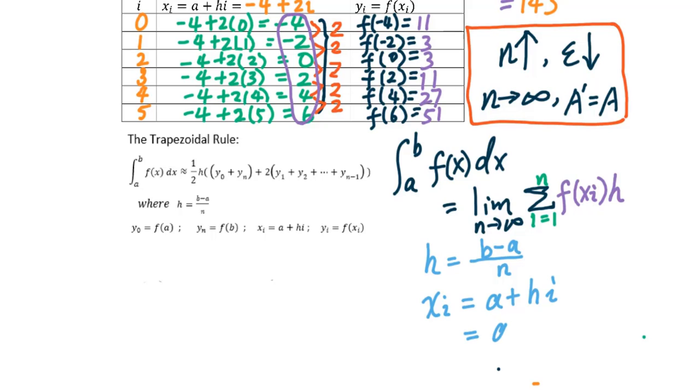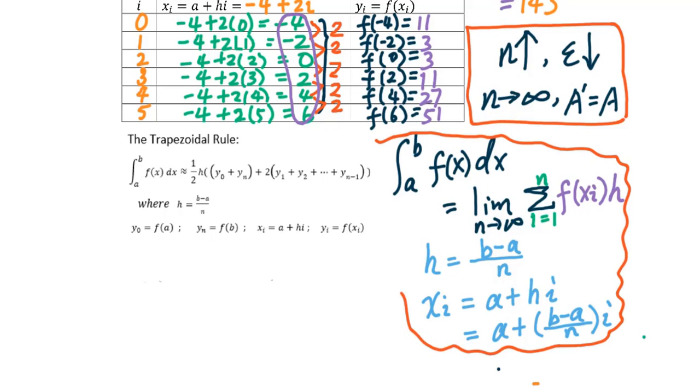Then I can write down a plus (b minus a) over n times i. We call this the definite integral by limit.